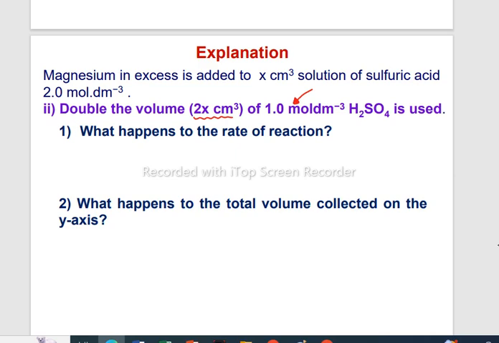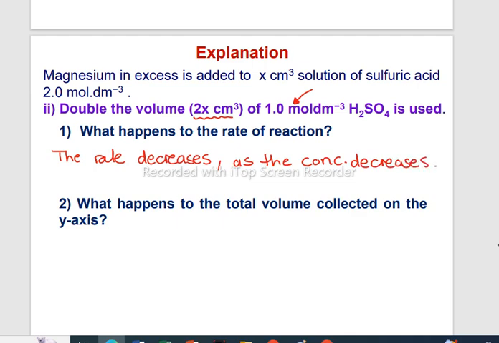So what happens to the rate? Actually, the rate will decrease as the concentration decreases.